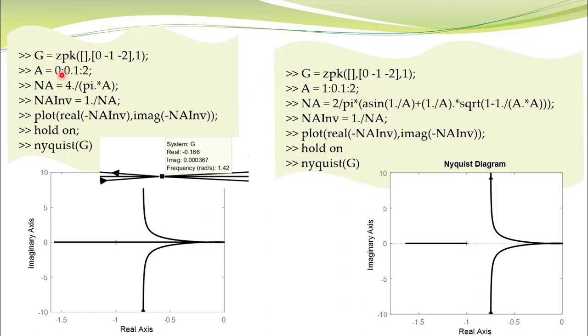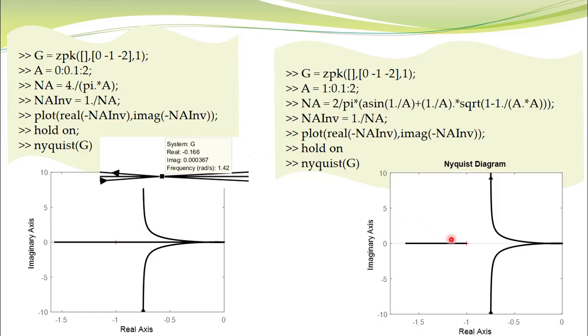Whereas the signum nonlinearity becomes effective for any value of a, right? So that is why here a starts from 1 up to 2. This is the describing function for saturation nonlinearity. You again notice this division 1 dot divided by a, just to perform element-wise divisions and multiplications.